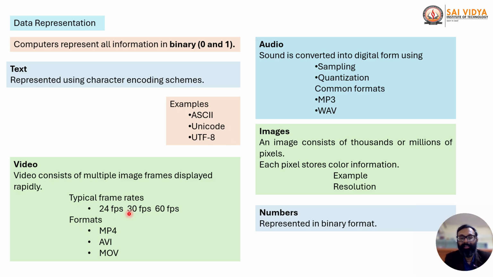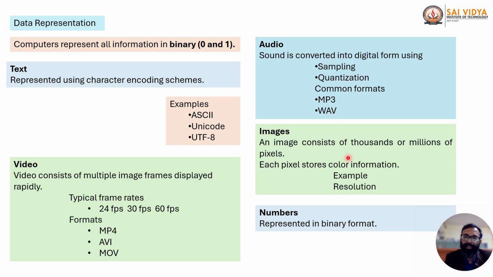For video, we have different frame rates: 24, 30 or 60 frames per second. Formats are MP4, AVI and MOV. For audio, we have learned in multimedia communication how audio is converted into digital form, that is sampling, quantizing and digitization. The formats are MP3 and WAV, that is the wave file.